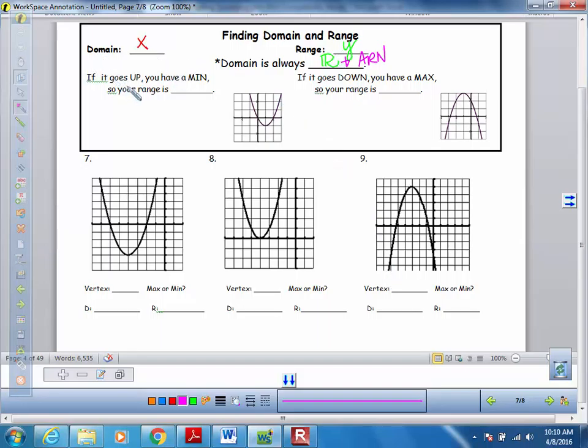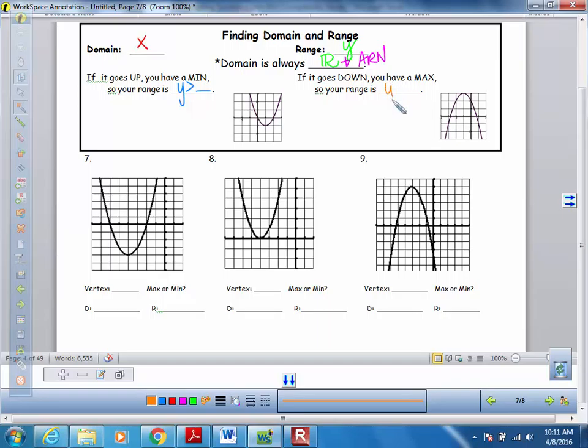Okay, so if it goes up, you have a minimum, so your range is going to be y is greater than whatever your lowest value is. So if it's going down and you have a max, what do you think it would be?